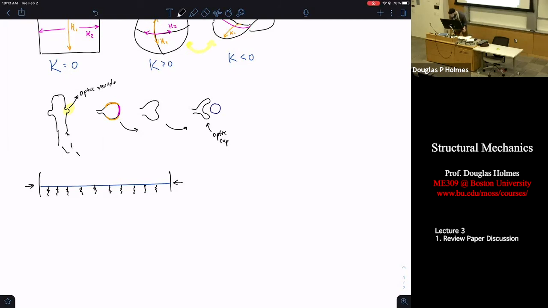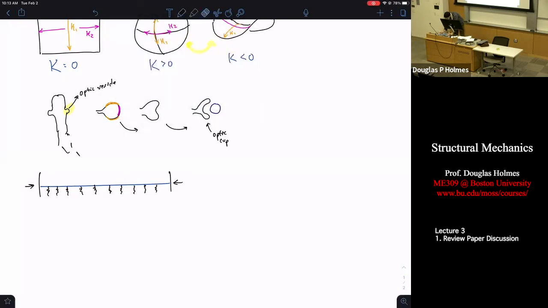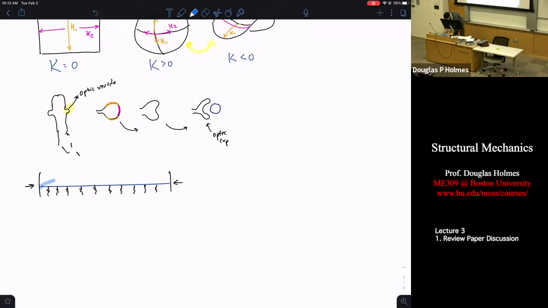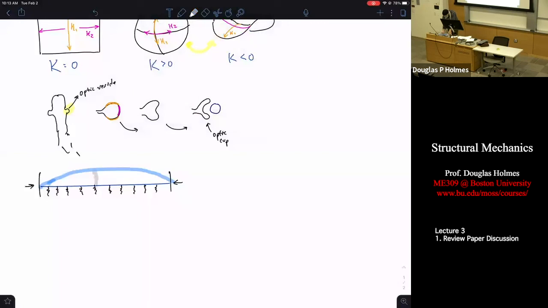So this blue thing wants to do this. But now think about the springs. That would make these springs over here stretch a ton. That's a massive amount of stretching there.